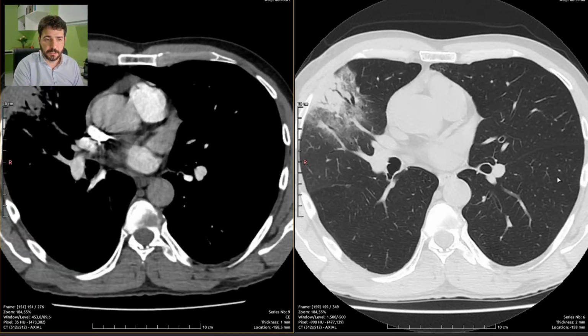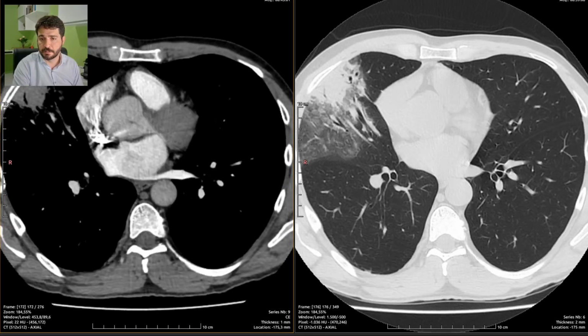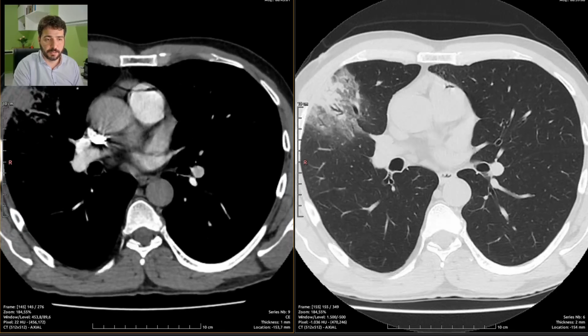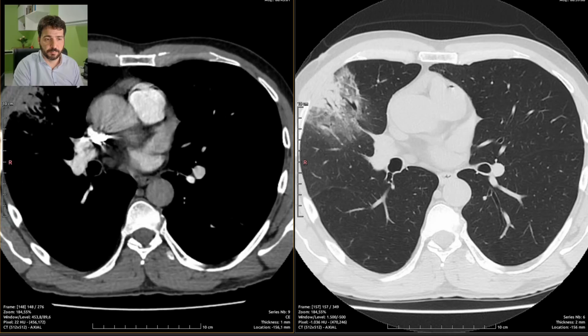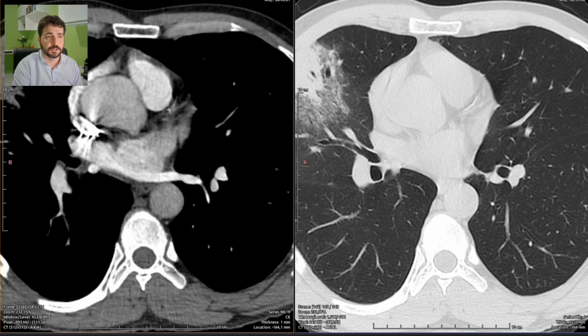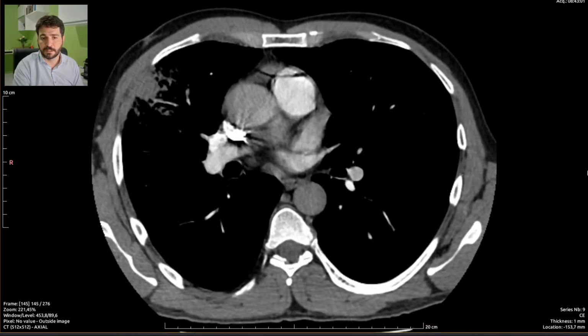Let's see. The consolidation is right here. It's on the middle lobe. Let's see if we find the middle lobe branch. This is the middle lobe branch. Let me just make this a single window so you guys can see it better.